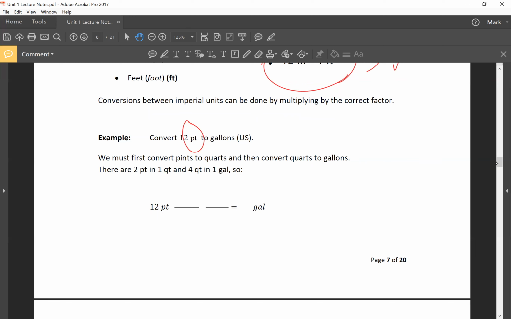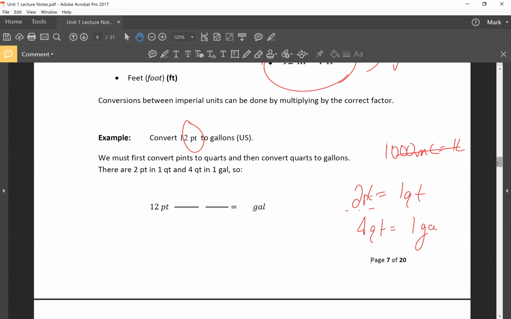We did it above. We knew that 1,000 milliliters is equal to 1 liter, and we could do that. In this case, I know that 2 pints equals 1 quart, and I know that 4 quarts equals 1 gallon.